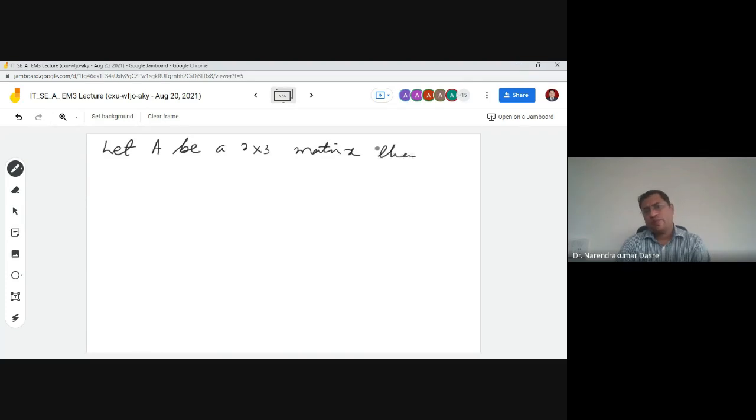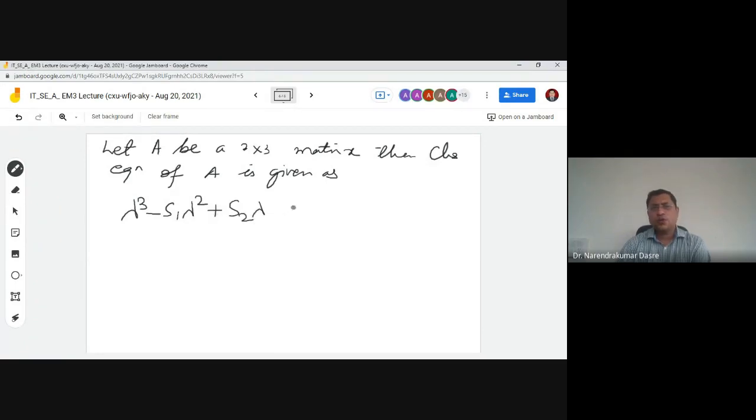Then the characteristic equation of A is given as lambda cube minus S1 lambda square plus S2 lambda minus determinant of A equal to 0. You know the determinant of A, and the leading coefficient is 1. We only need to know what S1 and S2 are.